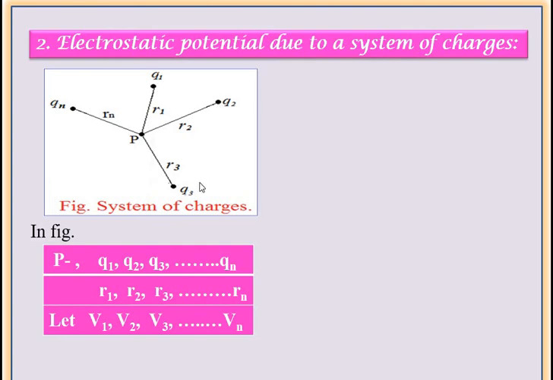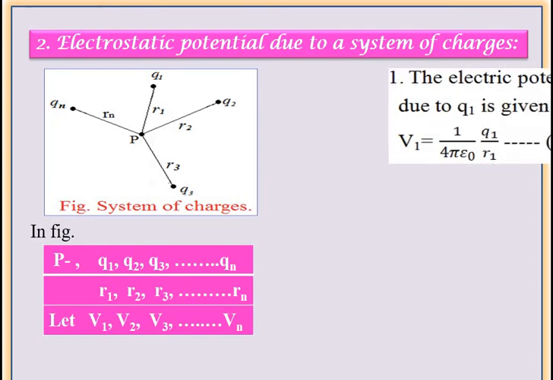Q1, Q2, Q3 up to Qn are the number of charges placed at distances r1, r2, r3 up to rn from the point P. Let V1, V2, V3 up to Vn be the potentials due to charges Q1, Q2, Q3 up to Qn respectively.